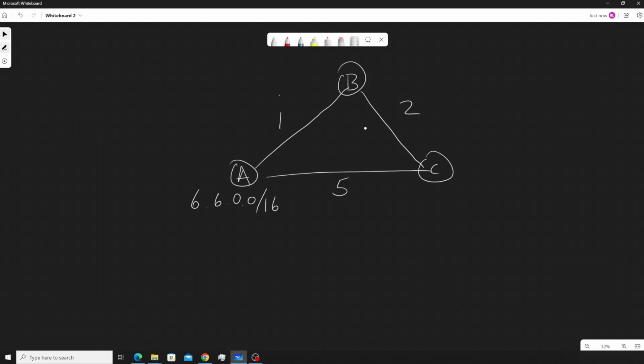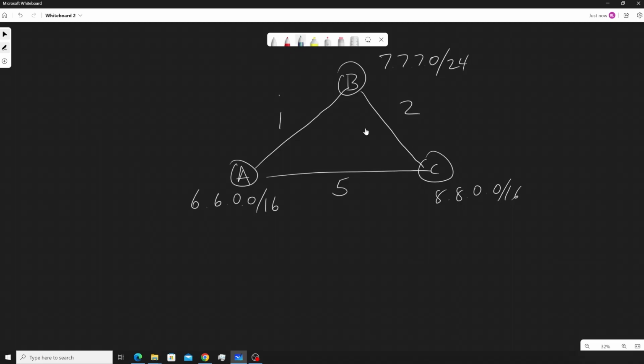And maybe this one is 7.7.7.0/24, and there's 256 devices on here. And maybe this one's 8.8.0.0/16, so there's 65,000 devices on C. Okay, so these are 3 medium to large sized networks, all administered by a single network operator, and they want to find the shortest path between them.